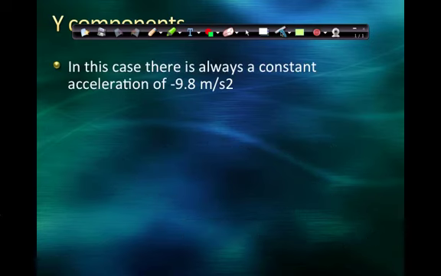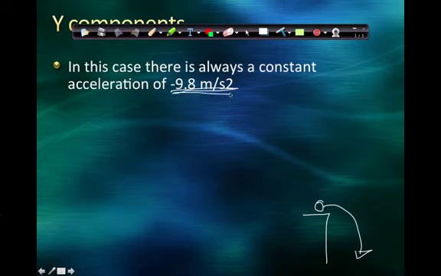Okay, so for y, when you're looking at an object that is falling, since it is falling, it will have an acceleration due to gravity. So its acceleration will be 9.8 meters per second squared.